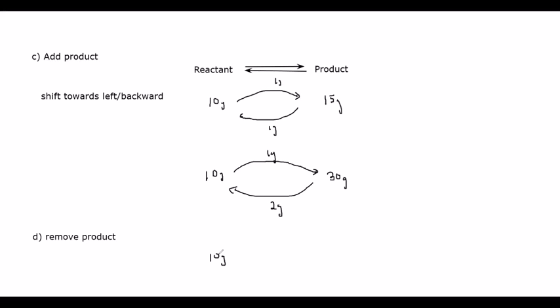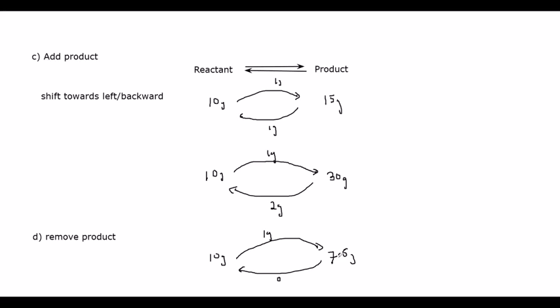Same way, if we have 10 grams of reactant, but we remove the product, out of 15 I have 7.5. So from 10 grams, 1 gram is forming a product, but out of 15, 1 gram was forming a reactant.